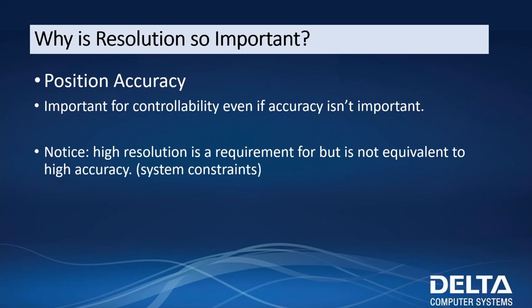This is something that's also important to note. High resolution is a requirement for, but is not equivalent to, high accuracy. So if you have great feedback, but your valve is just a cheaper valve, perhaps not really suited for motion control, well, even though you've got this wonderful feedback, you're not really going to be able to get to where you need to be.